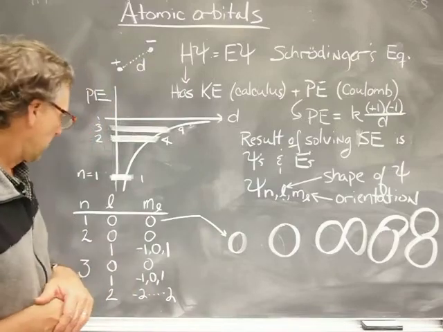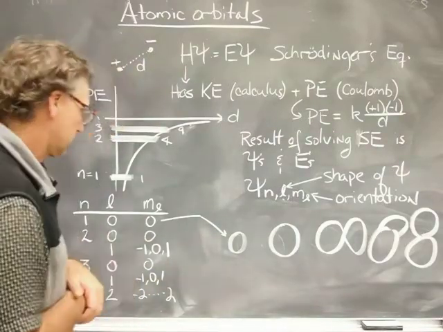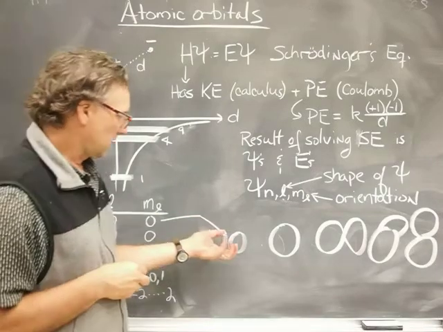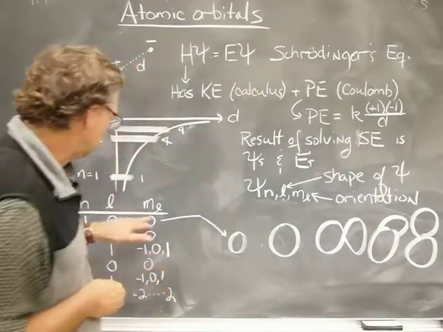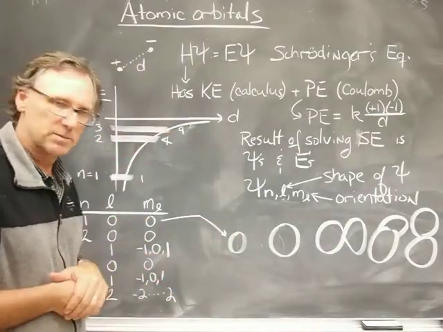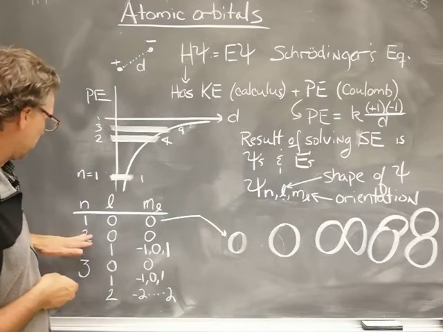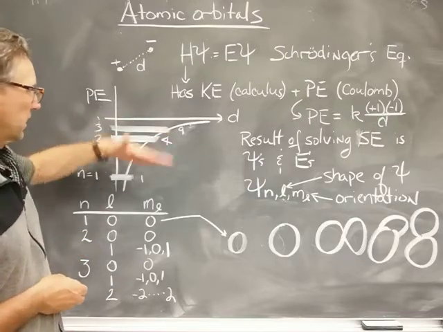When L is equal to 0, we just get spheres. That's the shape of the orbital. And there's really not much to say about the orientation of the sphere. It looks the same whichever way you look at it, and that's reflected in the fact that M sub L is just 0.